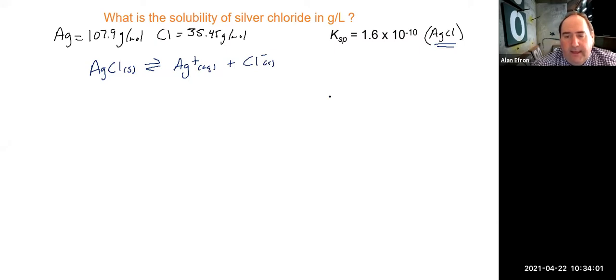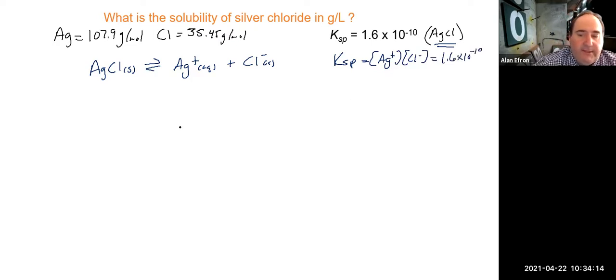If we wrote our Ksp expression for this, the Ksp would equal the concentration of silver times the concentration of chloride, and that would equal our Ksp value, which in this case was the only real piece of information given to us. Again, we would set up our ICE table like we did before. We're going to ignore the solid, so we don't try to use a number where we shouldn't.